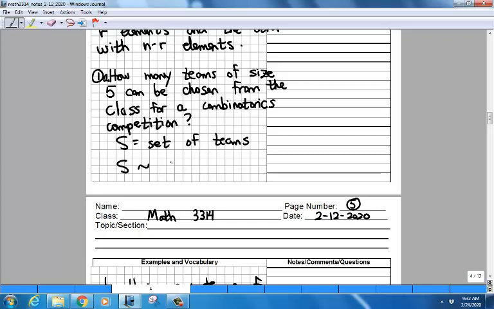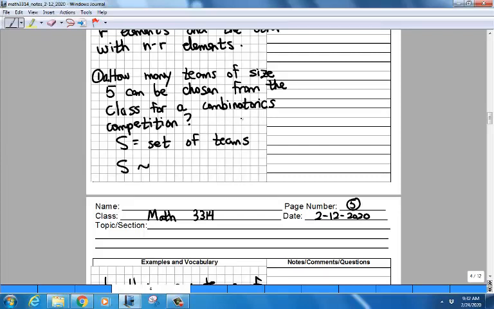No, because the members of the team don't have any particular rank. They're just a team, so they're all equal. So you're just picking a subset of size 5 from the set. The set of all possible teams is just the set of 5 combinations from the class.